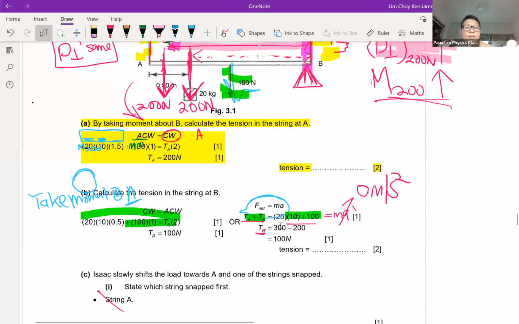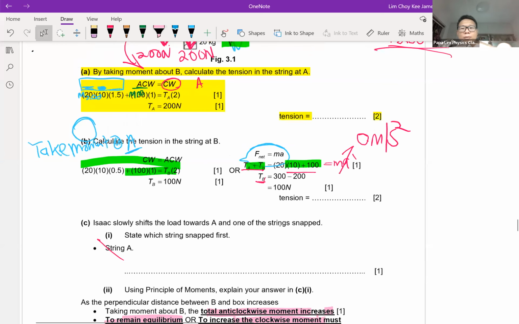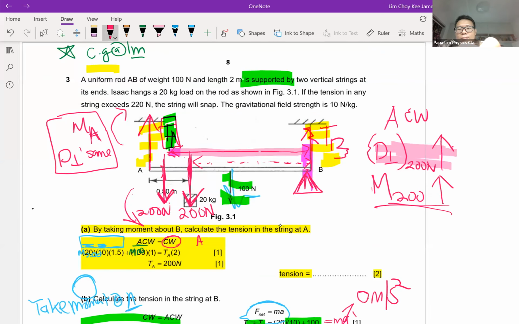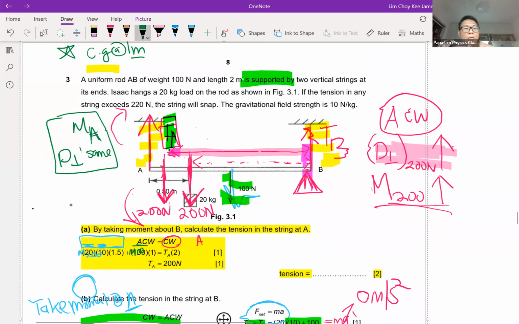As my anti-clockwise moment increases, my clockwise moment must also increase to balance, because the rod is in equilibrium.